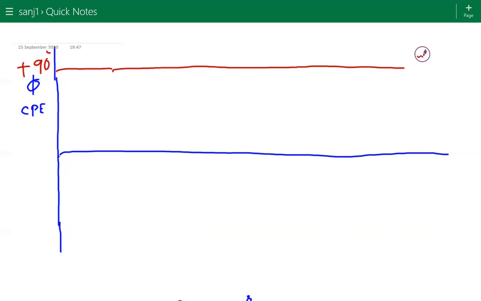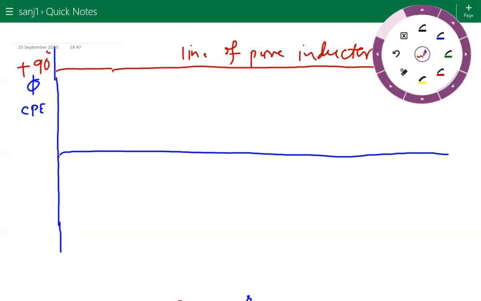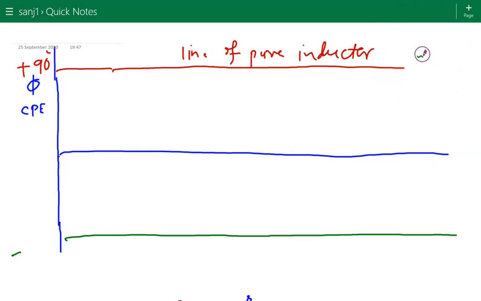This is the line of a pure inductor. Now here we can draw a line of a pure capacitor with the phase angle of minus 90 degree. This is the line of a pure capacitor.